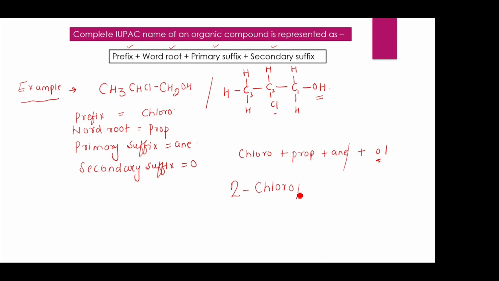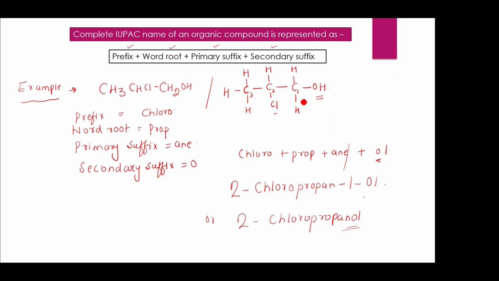So 2-chloropropane-1-ol. You can write it like this, or you can simply write 2-chloropropanol. It means that if you write it like this also, it is understood that the alcohol is present in the first carbon only. So this is the complete IUPAC name of the compound according to the rule.